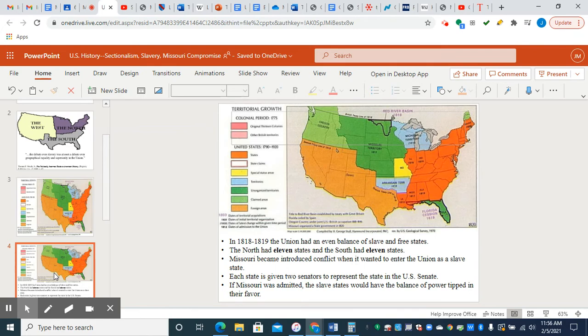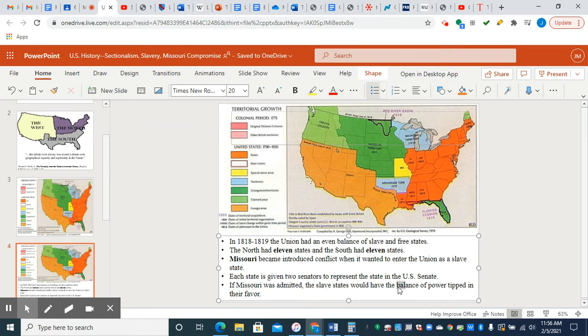So now Missouri became part of this conflict because it wanted to enter the Union as a slave state because it had slaves. It's considered kind of a southern state. Now, each state has 2 senators. So if Missouri is admitted, now the balance of power is tipped in favor of the slave states.